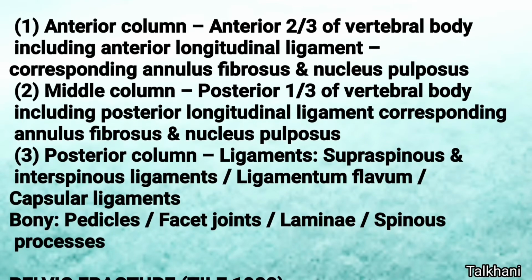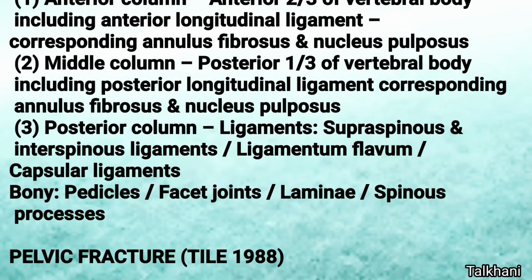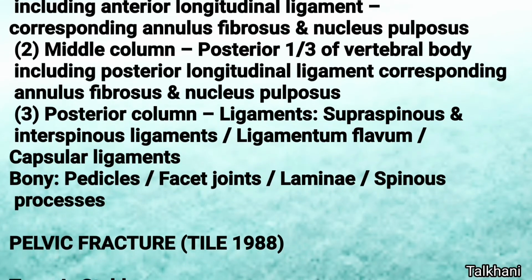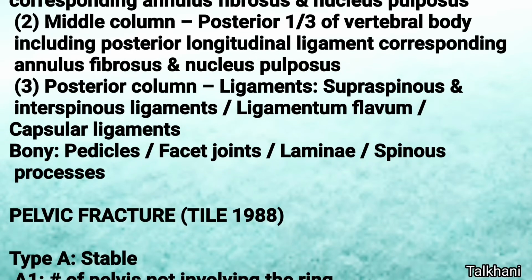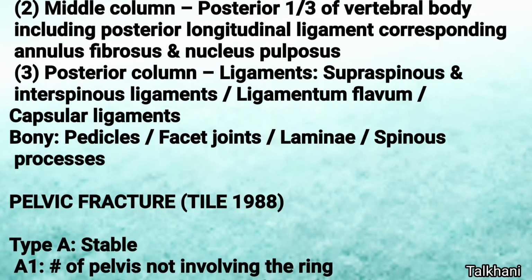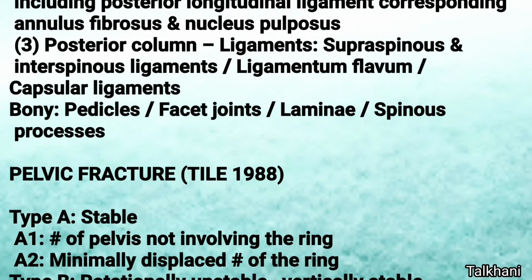Number 3, posterior column ligaments are supraspinous, interspinous, ligamentum flavum, and capsular ligaments. Bony components of posterior column are pedicles, facet joints, laminae, and spinous processes.